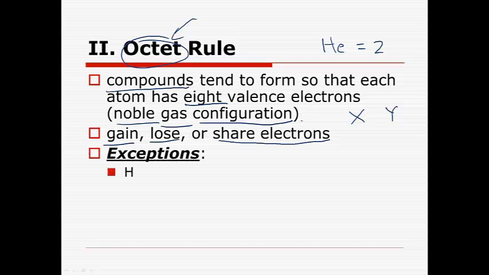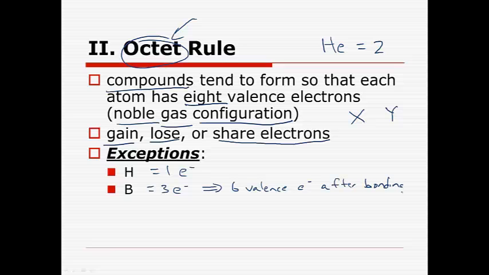Hydrogen doesn't try to get to 8 because remember, hydrogen only has 1 valence electron. Boron basically only has 3 valence electrons, so it tries to get to 6 valence electrons after bonding. Now, this doesn't make it stable. Hydrogen tries to get to 2.